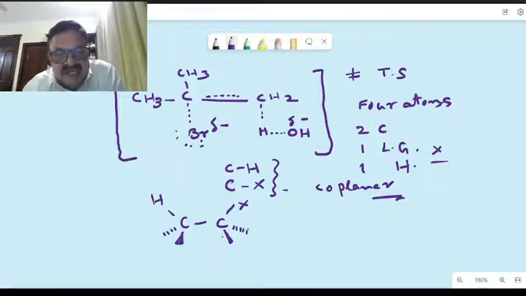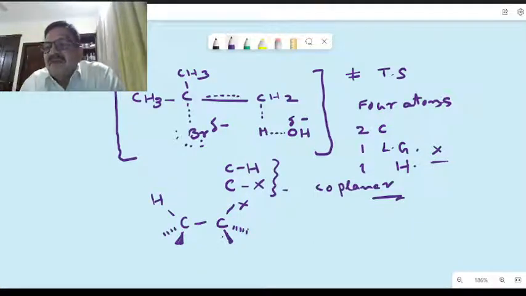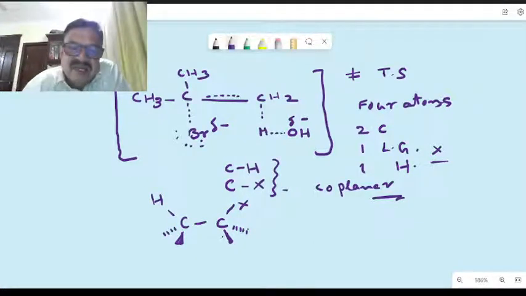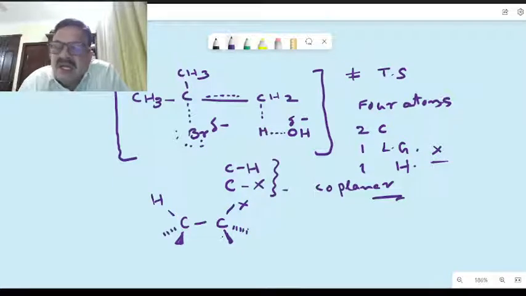That is this kind of orientation, that is the H and X on the same side of the molecule. Then only it can be coplanar. The CH bond, the carbon hydrogen bond, and the CX bond, the carbon halogen bond, should be coplanar. They must be lying in the same plane. So one orientation is H and X lying on the same side of the molecule. This is known as syn periplanar geometry.